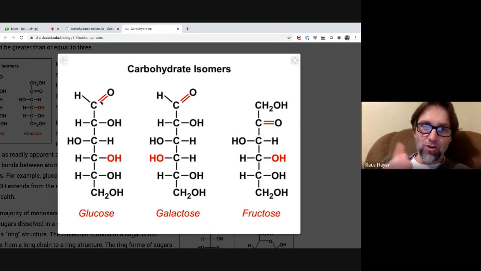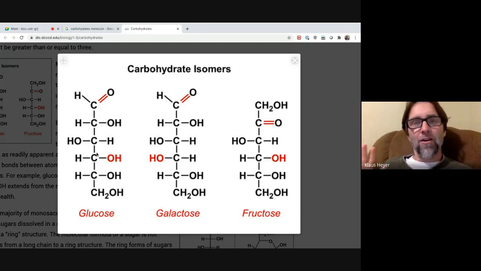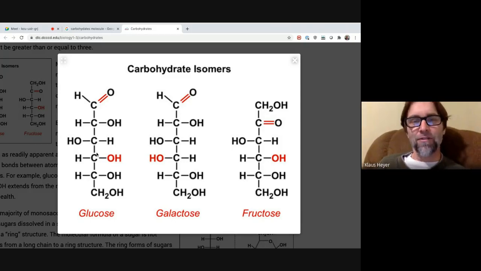If you want to make sure, okay, I see 6 carbons. I'm going to see 6 hydrogens also. 1, 2, 3, 4, 5, 6. And it's going to be 12 hydrogens. All right, this thing's a carbohydrate. That's all that I care about. I'm not going to ask whether this one is glucose or galactose. I don't know myself. How are you supposed to know?